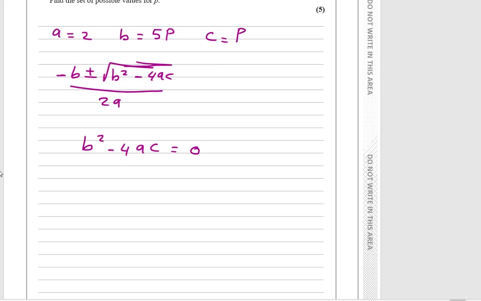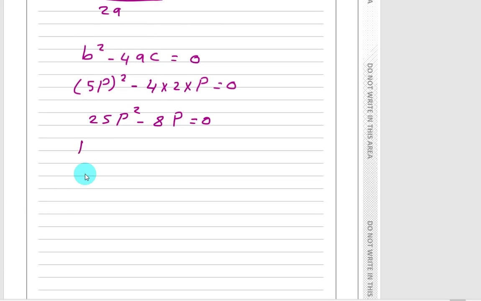So let us solve this equation now. (5b)² - 4 × 2 × b is equal to 0. So 25b² - 8b is equal to 0.